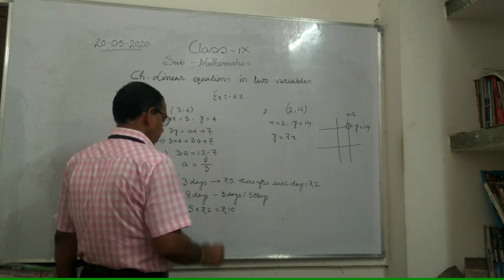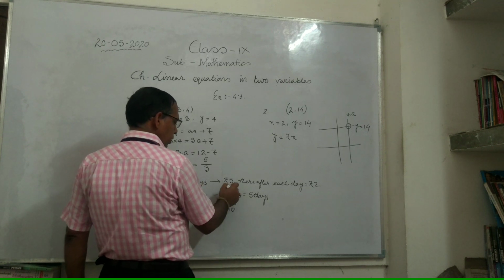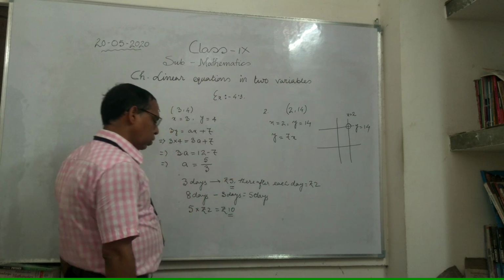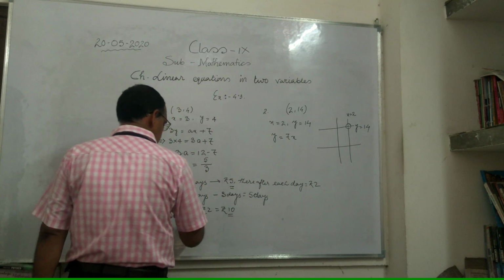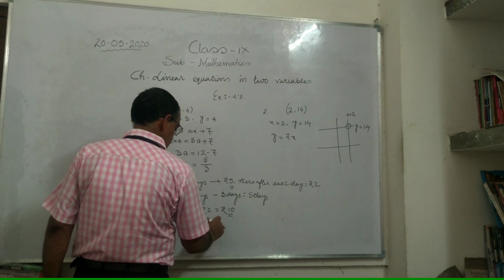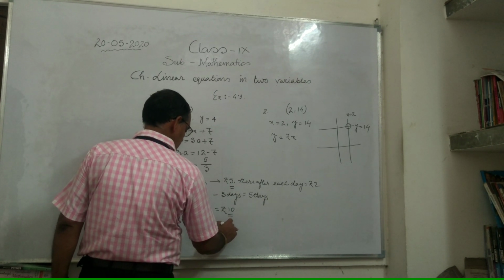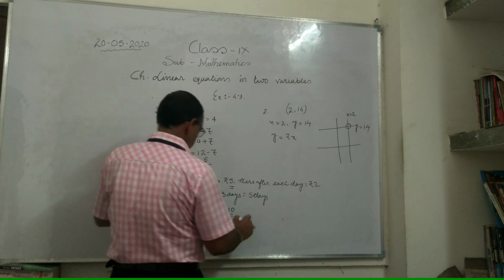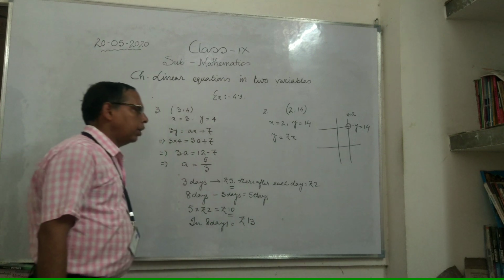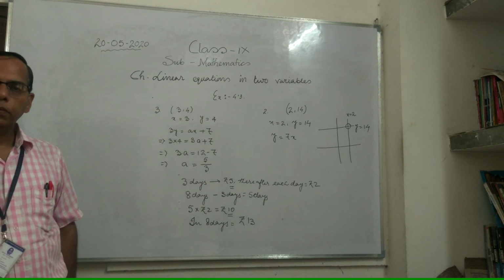So 3 days you have given ₹5, and the remaining 5 days ₹10. Ultimately in 8 days, how much do you have to pay? ₹15.